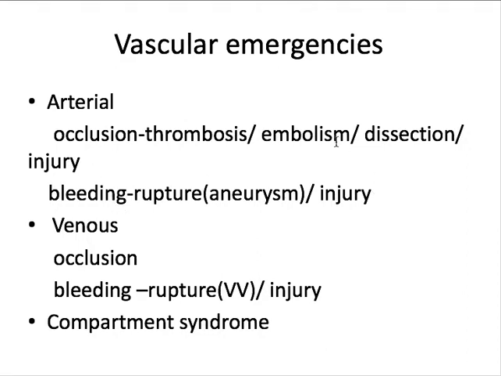So it could occlude or mostly it will bleed. Then rupture of aneurysms. Again, in the cerebral circulation, like the circle of Willis, you can have berry aneurysms which can rupture, bleed and cause a hemorrhagic stroke. Neck veins, of course, can get thrombosed due to various reasons, and with injury they can bleed.